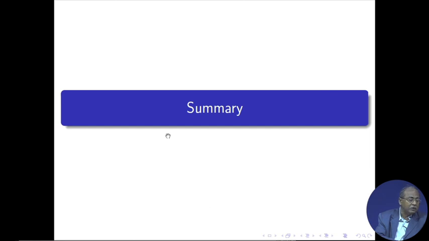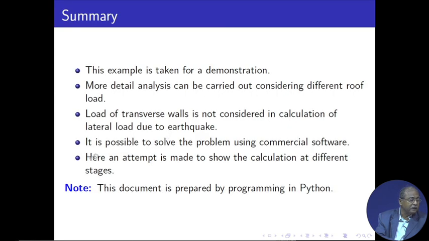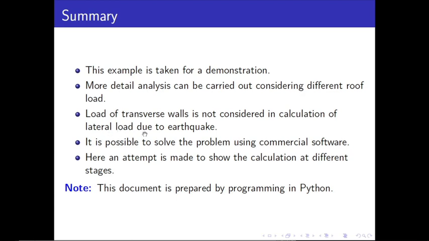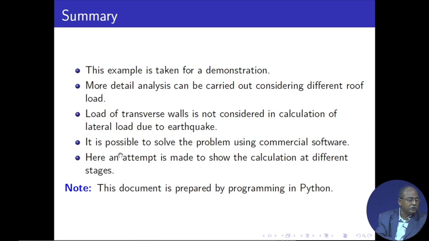So, finally, I would like to say that this example is taken for a demonstration. More detailed analysis can be carried out considering different roof loads. Load of transverse wall is not considered in calculation of lateral load due to earthquake, because the beam you will design on the basis of the table given in IS 456. It is possible to solve the problem using commercial software.